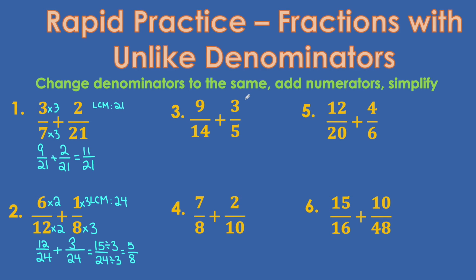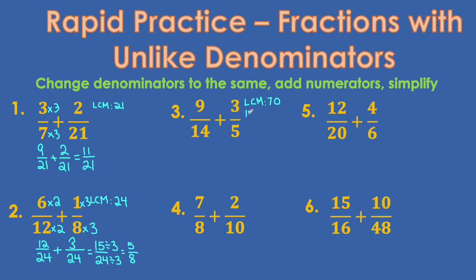So our least common multiple would be 70. And you can always write out the multiples if you need to.